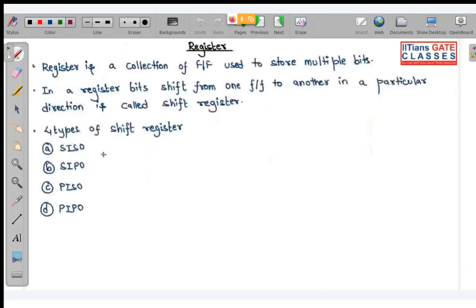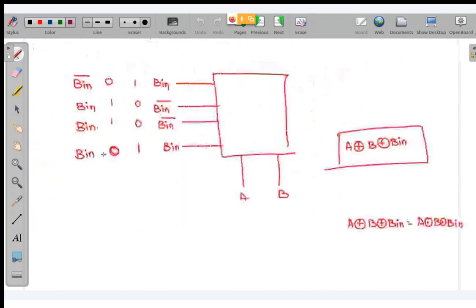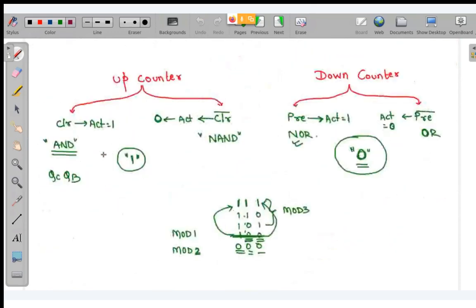You can see active low clear uses NAND, active high clear uses AND. For pre, for active high we use NOR, and for pre bar we use simple OR. So all these things should be known to you now. Is this clear?